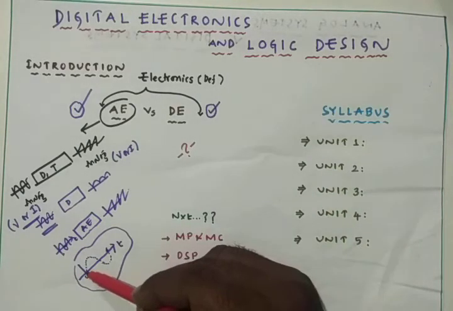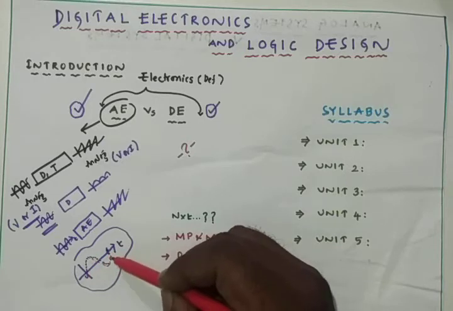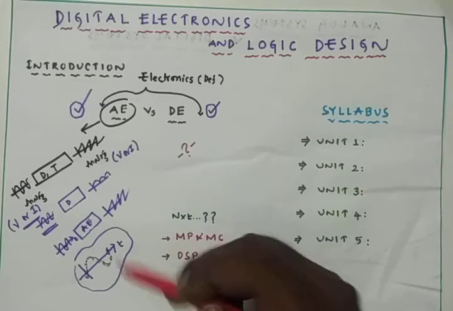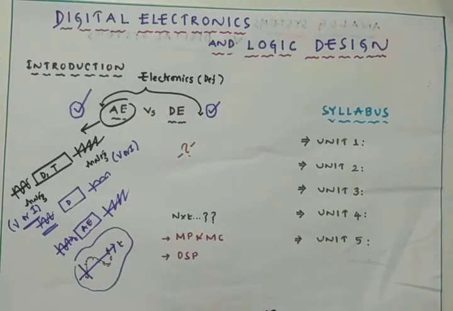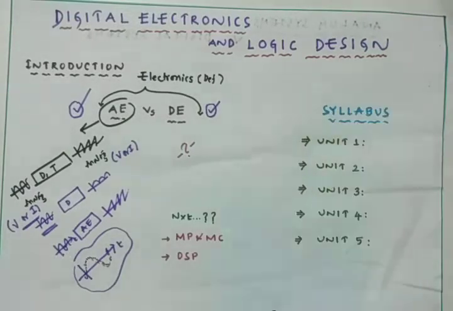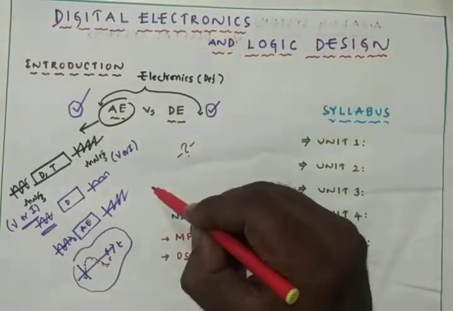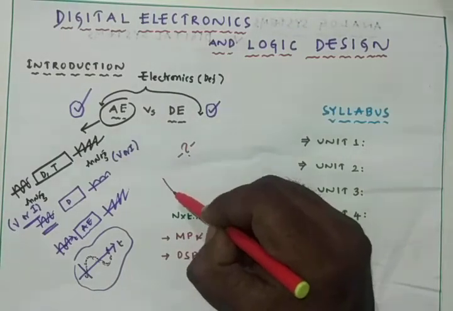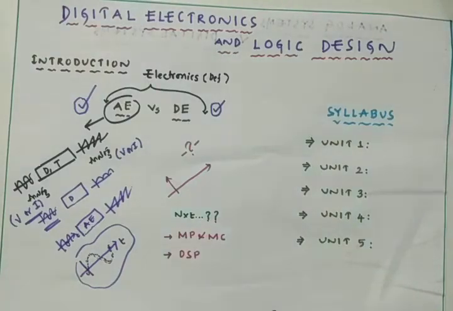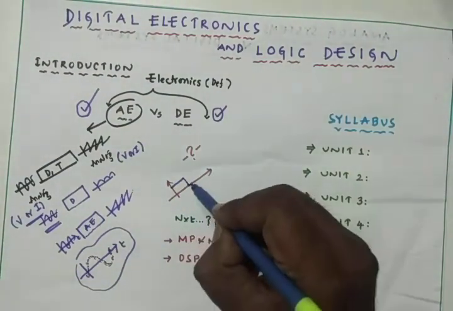Here in an analog signal, we have infinite amplitudes, whereas in the case of a digital signal, we will have only two discrete values. The best example for the digital signal is a square wave. If I go with the square wave, we can have only two discrete values.